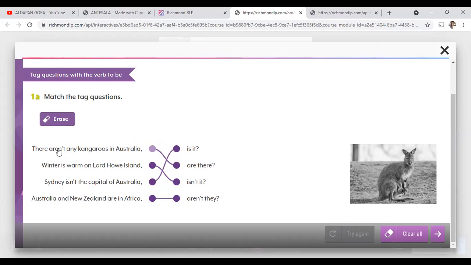Who wants to read me this? The first sentence. There aren't any kangaroos in Australia, are there? Second, winter is warm on Lord Howe Island, isn't it? 3, Sydney isn't the capital of Australia, is it?